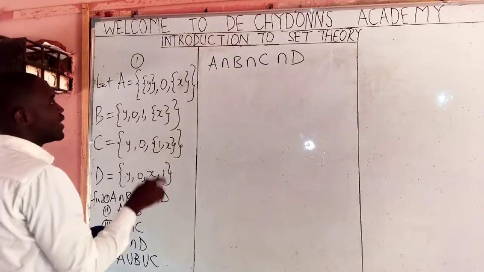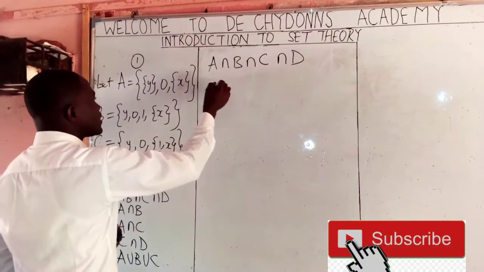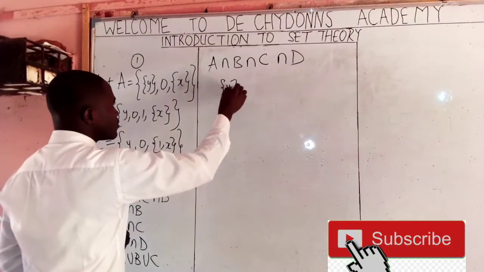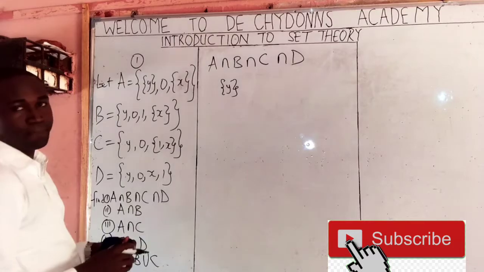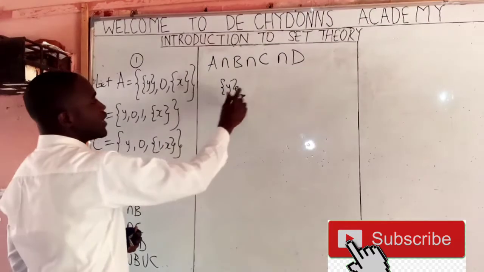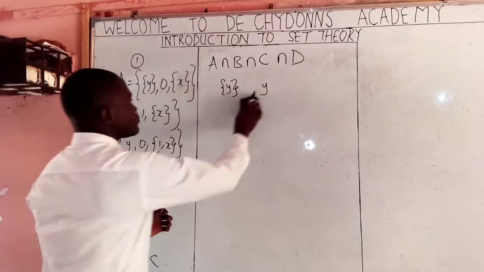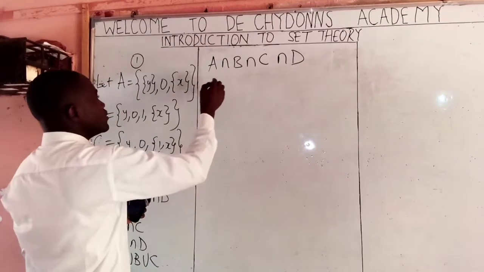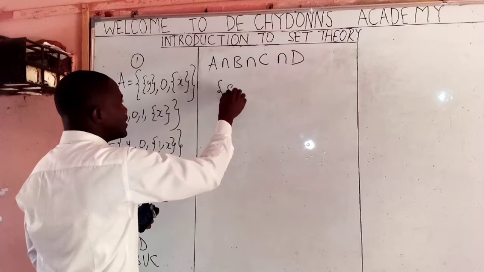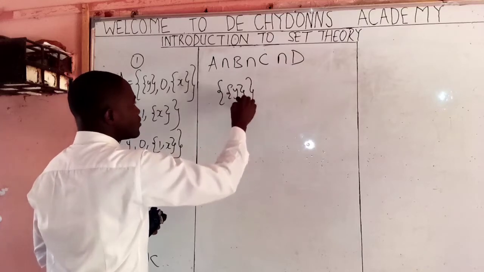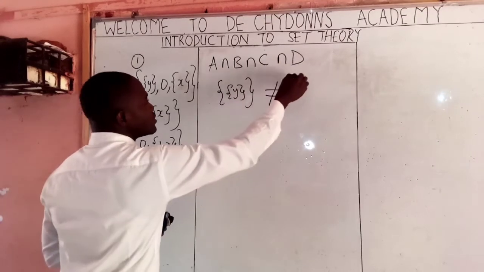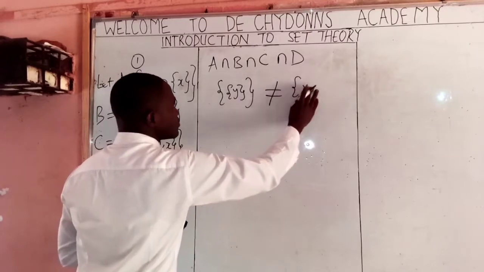Look at the set A. You will see something like this inside set A. Please, this thing you see is not the same as writing Y alone. I repeat, when you have something like this, it is not the same as writing it like this.